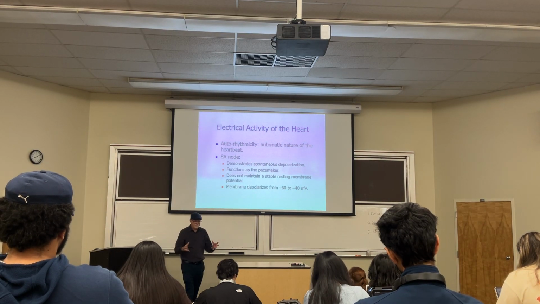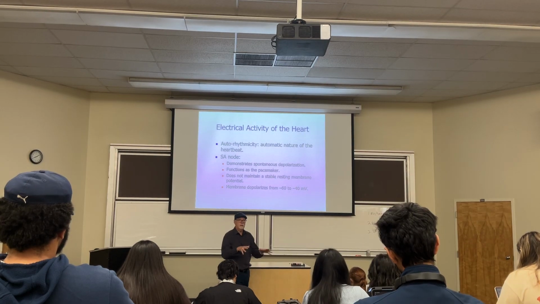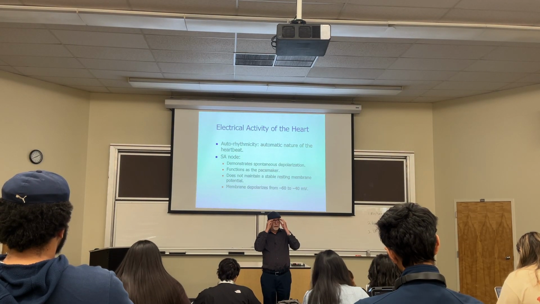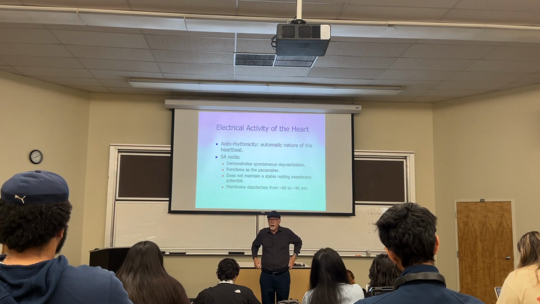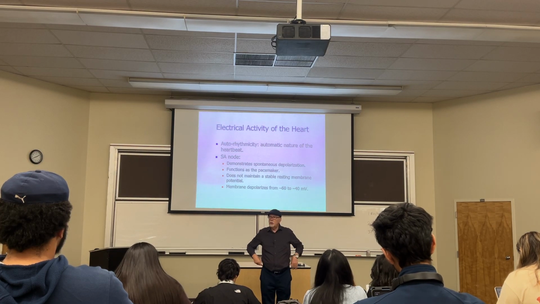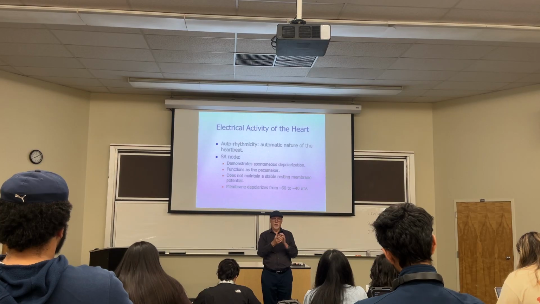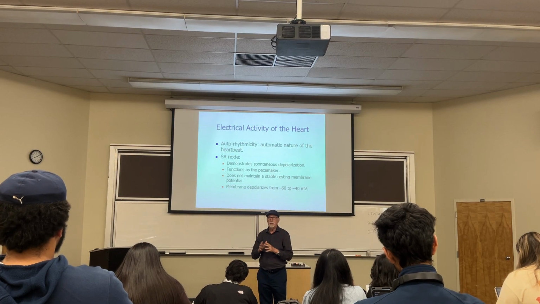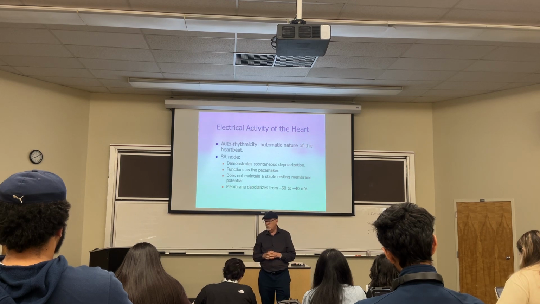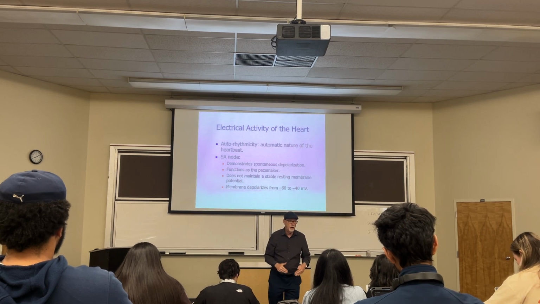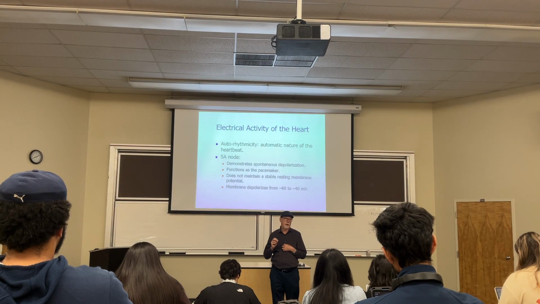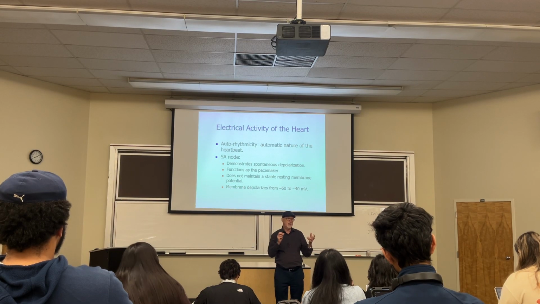Now when we look at the heart, looking at the electrical aspect, we know that the heart is autorhythmic. What that means is the cells of the heart have the ability to reach threshold automatically, like on a timed response. And the main pacemaker of the heart that paces the entire heart is the sinoatrial node, the SA node.